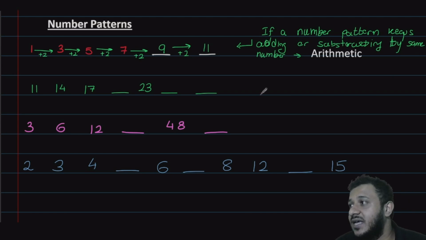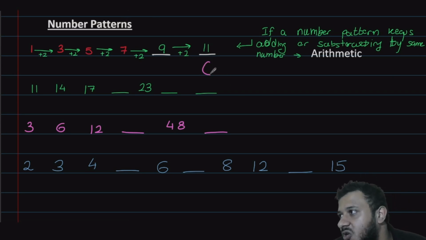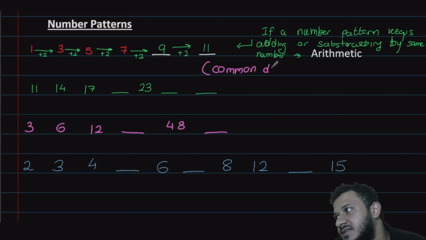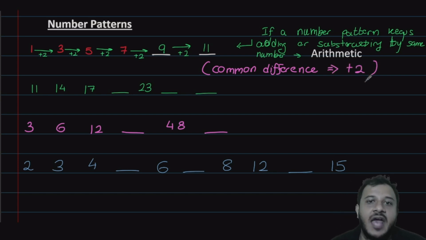And for this question, we call it a common difference. As you said, the common difference is plus 2. Make sense? Remember these small words, very important. Common difference is a good word to remember. It's an arithmetic pattern because it keeps on adding by the same number; even subtracting by the same number, we call it an arithmetic pattern.